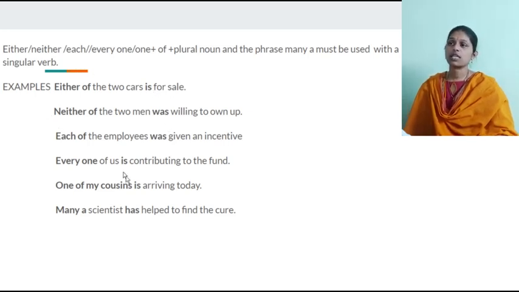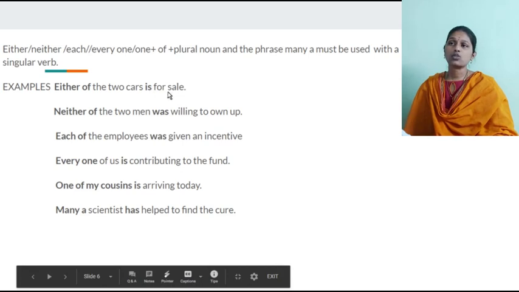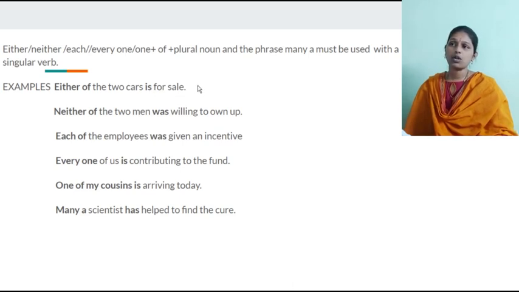Here are the examples. Either of the two cars is for sale. Don't take cars into consideration. It is just either of the cars is for sale, any one of them. So we use a singular verb.